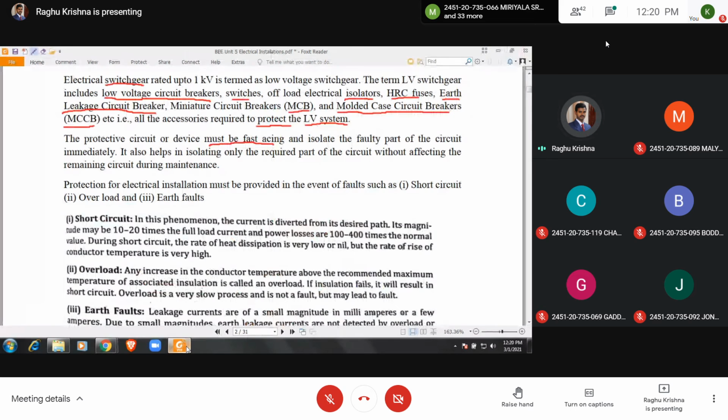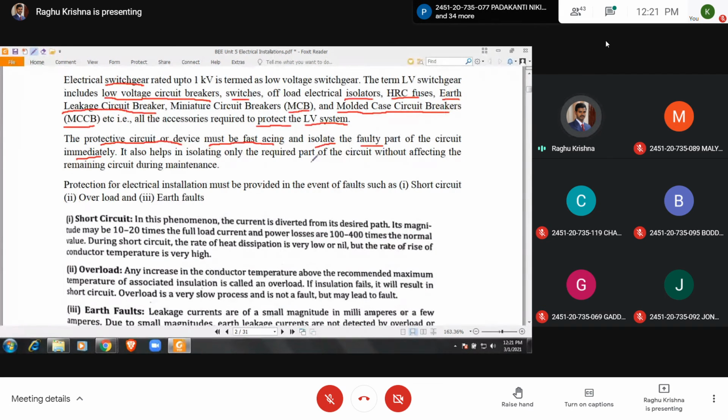What is the essential requirement of a protective device? The protective device must be fast acting and isolate the faulty part of the circuit immediately.